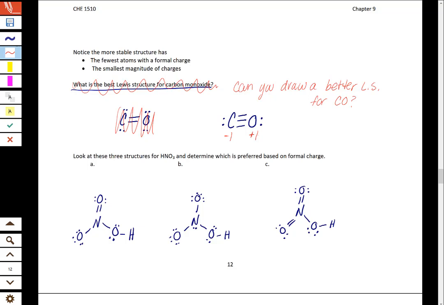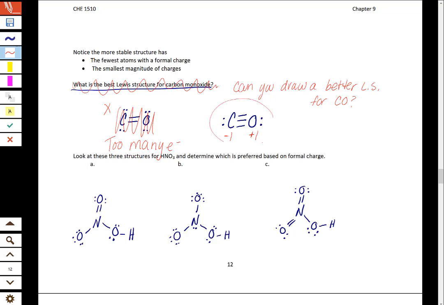And in this case, you can't do anything. Because as you noticed, if you go back and unpair, this one is bad for 2 reasons. One, because the formal charge is still not great, but also because I had too many electrons here. It's not even a valid structure to begin with.